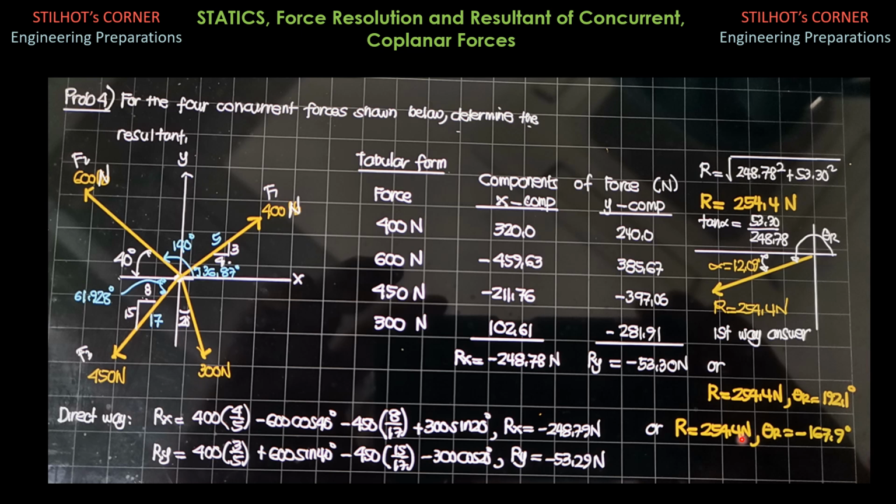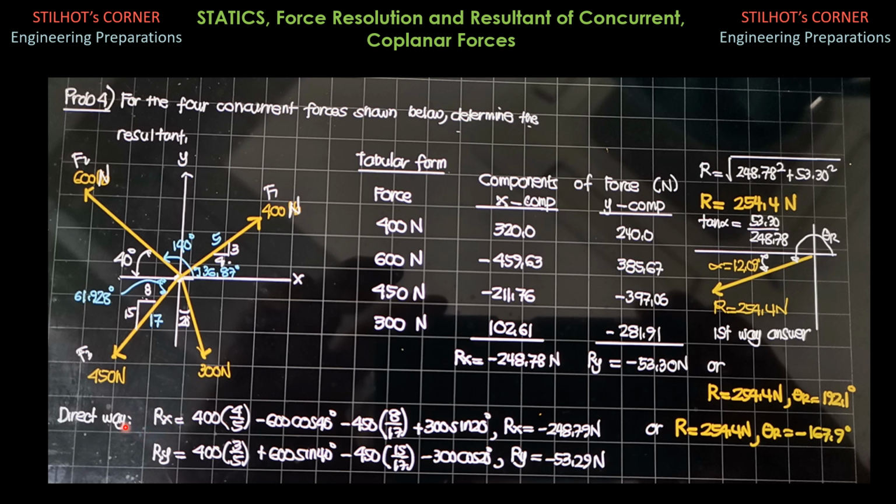Or another way, if you emphasize the clockwise direction, is R equals 254.4 newtons, comma, theta R is negative 167.9 degrees, because it is understood clockwise.